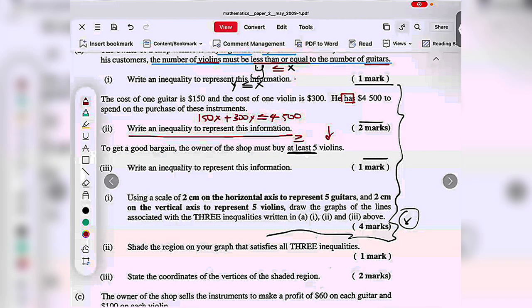If you know that at least is greater than or equal to, and you know that violin is y, and it has to be greater than 5, what would you write down? Y. You just said it. At least represents greater than or equal to what? 5. Good. That's it.